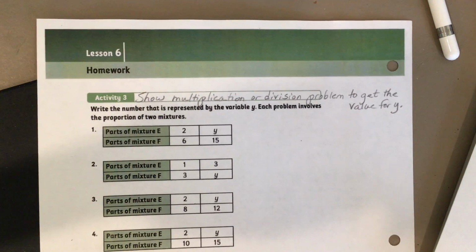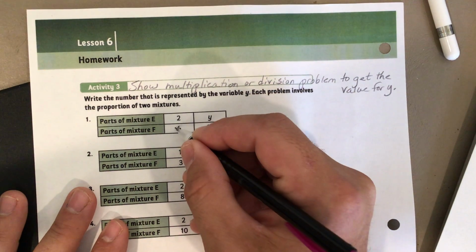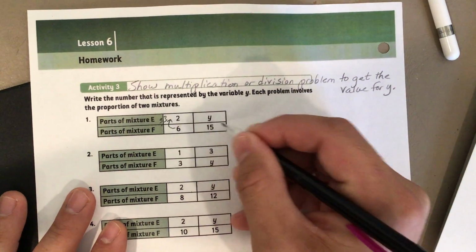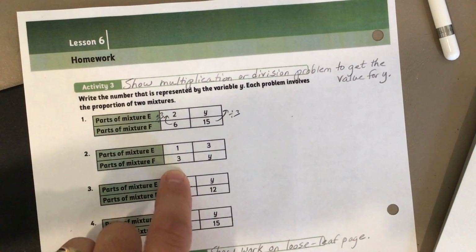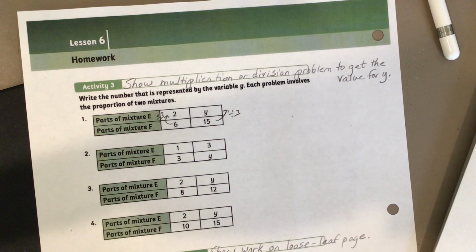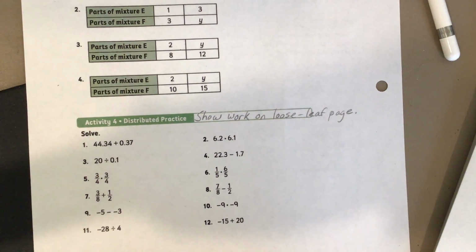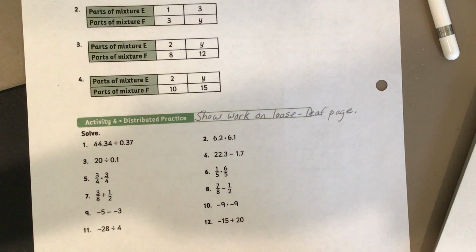Activity 3, write the number that's represented by the variable. So again, to get from 6 to 2, I'm going to make a little note here that it is divided by 3. So I need to divide by 3 to get my answer. This one is times 3. And then this one as well. Again, couple reminders. Need a common denominator for 7 and 8.